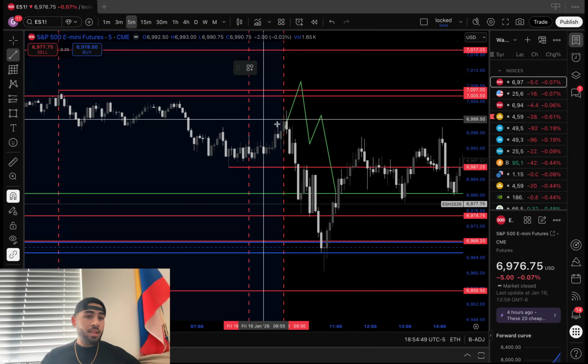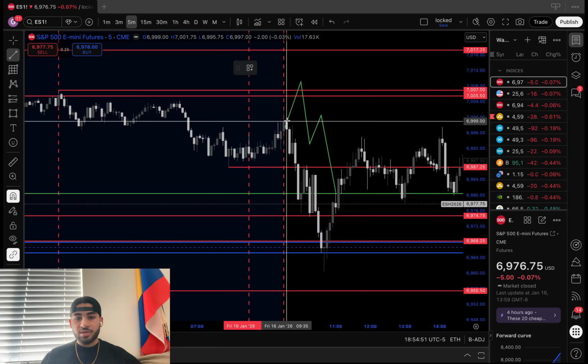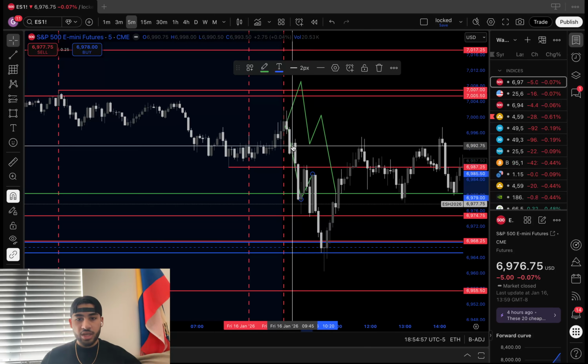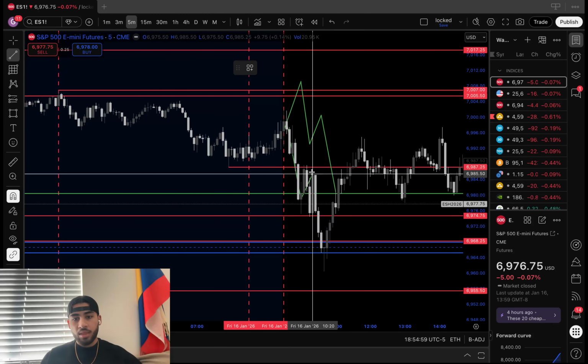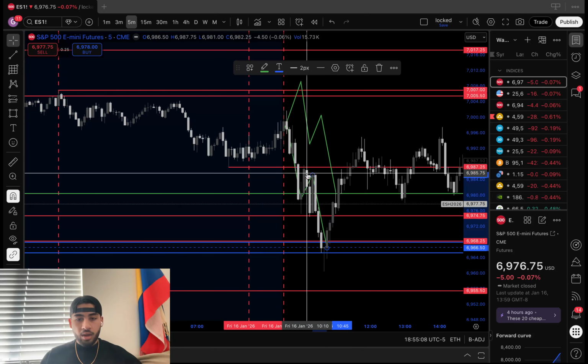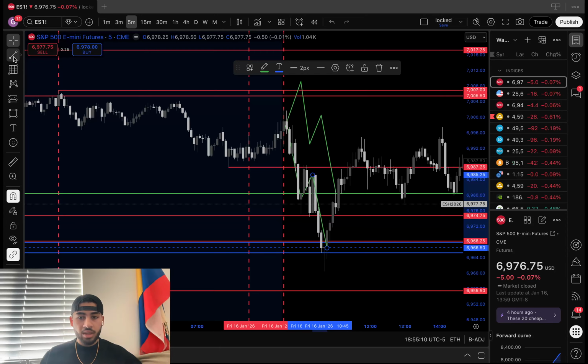Or I like drawing them in different colors, for myself, because it's easier. Or I said, if we come down and we dump, I want to see a retrace into the dump right here, and then I'd enter off of that. Or I had one more, which was the one that did play out.